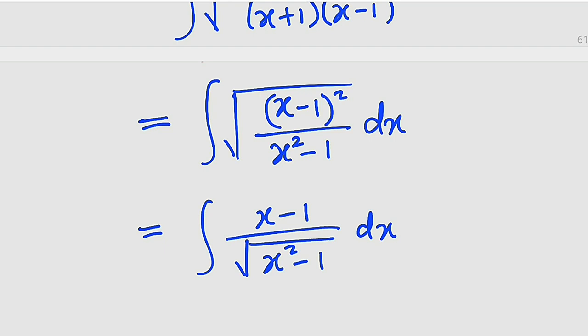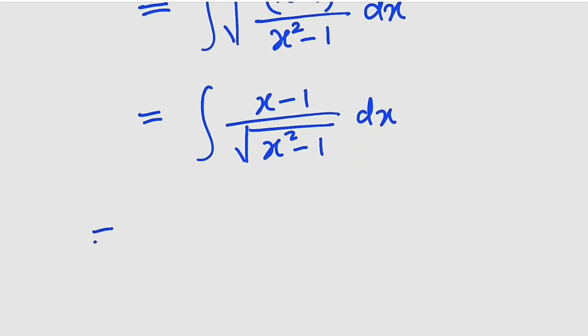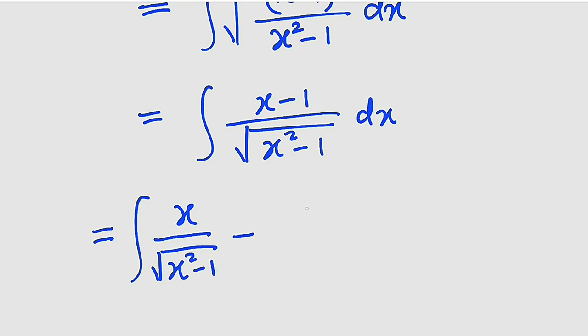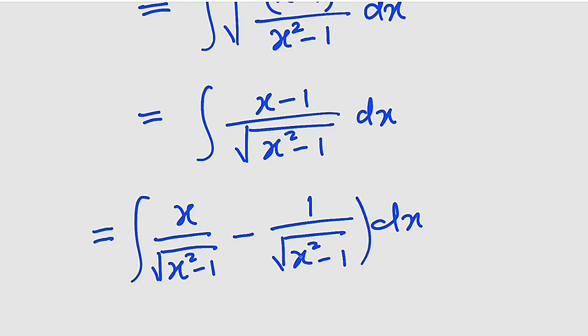Now we can split the fractions. So this is equal to the integral of the first term, which is x, divided by the square root of x squared minus 1. Then we have minus 1 divided by the square root of x squared minus 1 with respect to x. So now we can integrate these two functions separately.